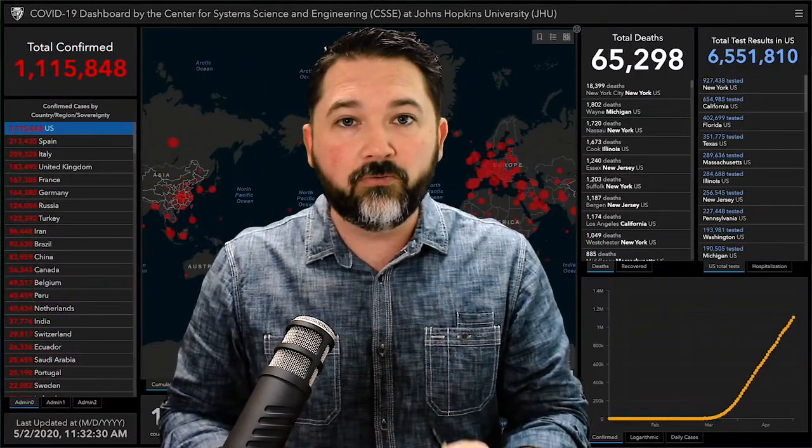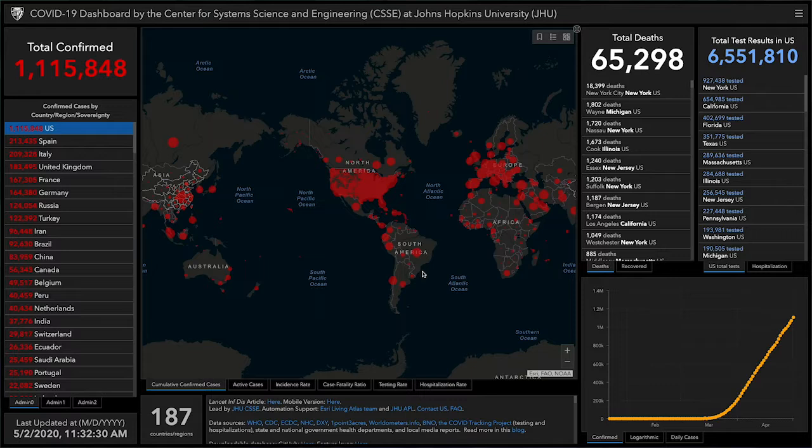First of all, let's just take a look at the data from today and see where we are with the mortality rate. So as of today, on our standard dashboard, we can see that we've got now 1,115,847 confirmed cases of COVID, just over 65,000 deaths.